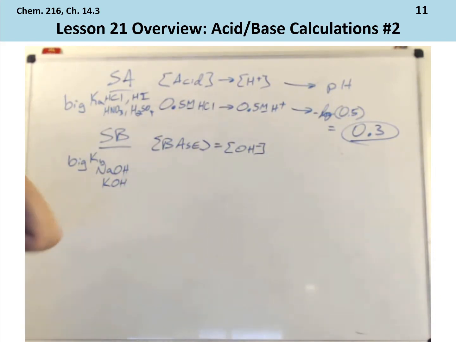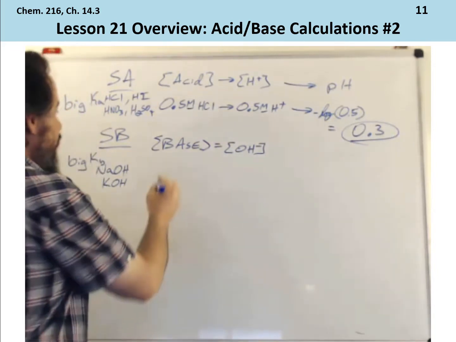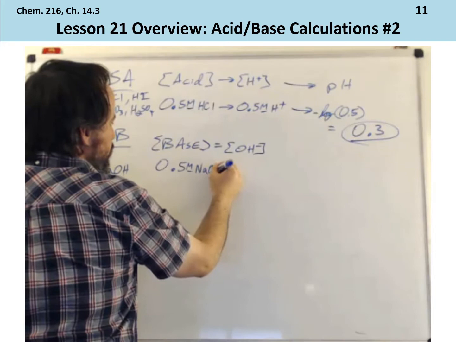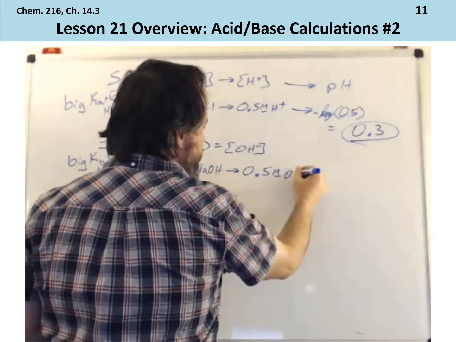And so, for example, if I have 0.5 molar NaOH, I'm going to get 0.5 molar OH-.